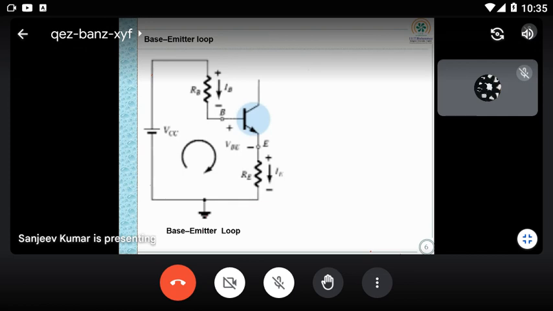I hope the circuit is clear to you, or is there any confusion? If you see the other diagram also, here I can take RC and plus VCC. So VCC is split now. This is your input KVL, this is your output.